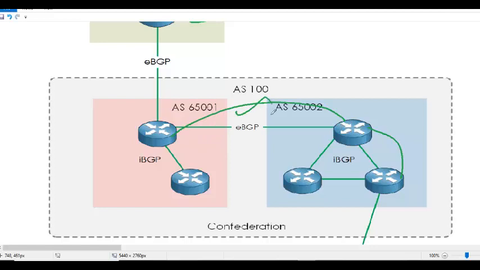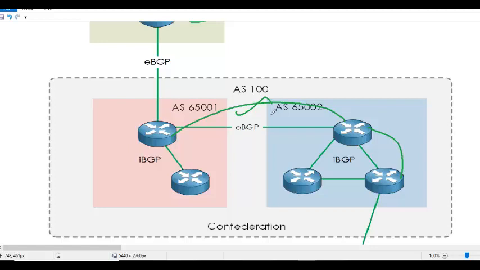A route learned from an IBGP should not be given to another IBGP, but it can be given to EBGP. In order to get this EBGP experience inside IBGP, you create the sub-autonomous systems.